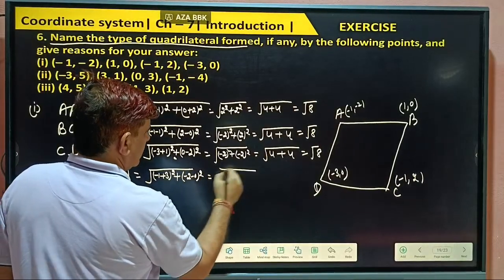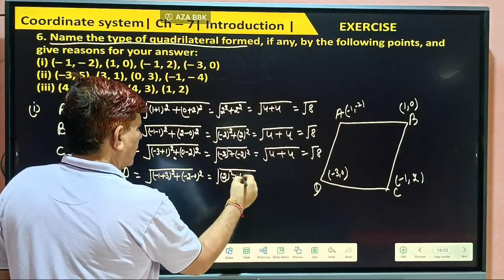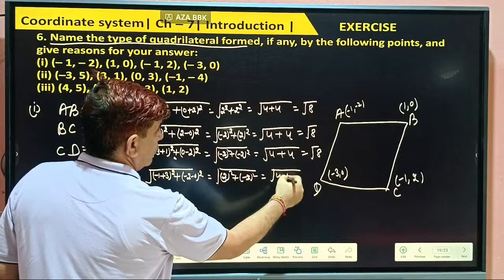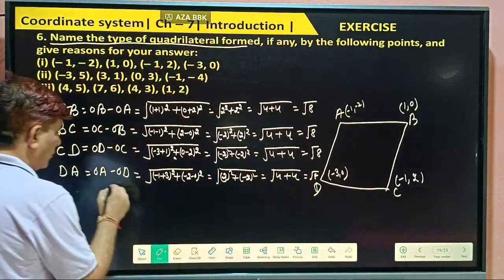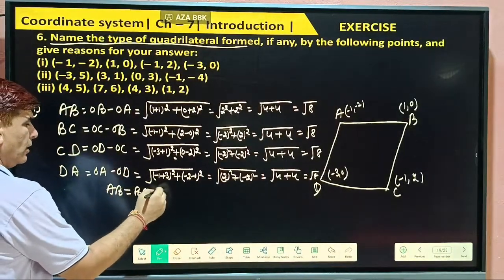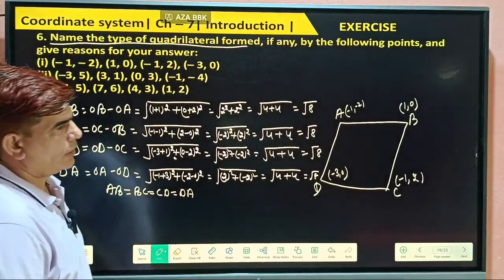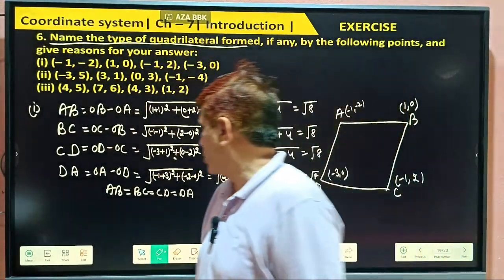It means 2 square plus -2 square. Again this is 4 plus 4, under the root 8. So what can we say? AB equals BC equals CD equals DA. So till here we can say ABCD is either a square or a rhombus.